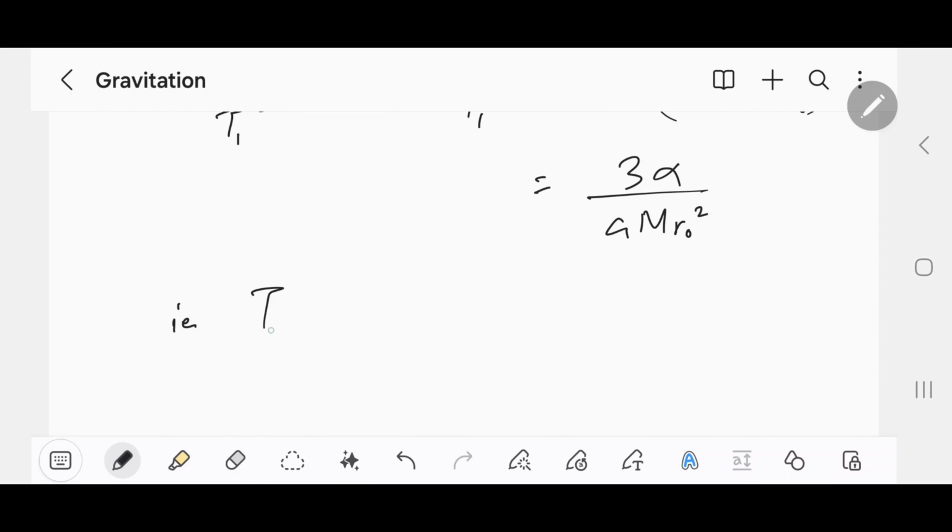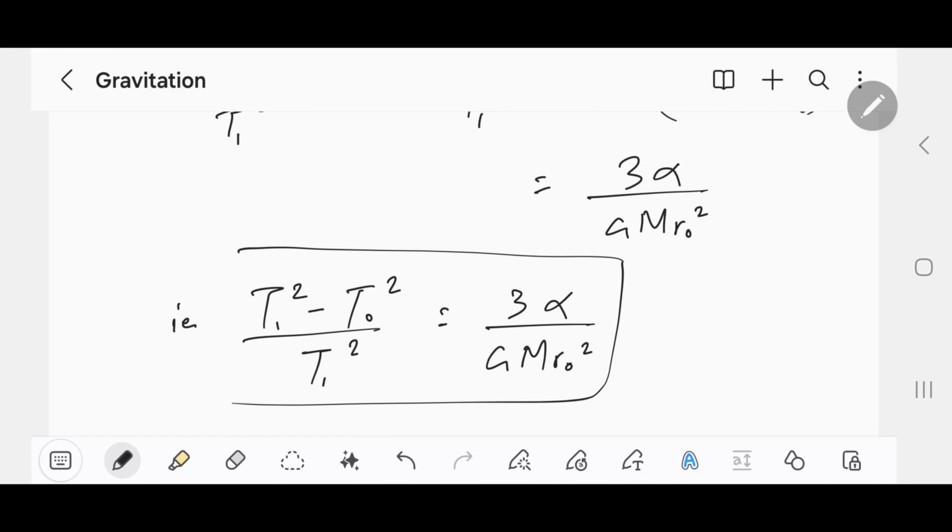That is, t1 square minus t naught square by t1 square equals 3 alpha by GM r naught square.